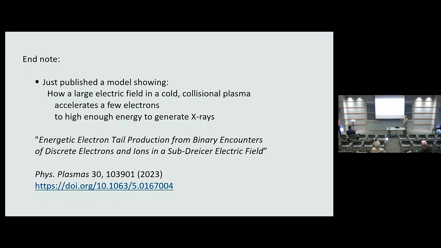And yet it's somehow managing to accelerate some electrons to 6 kilovolts without colliding. It seems that electrons should get scattered in 1 micron and never get accelerated to anything, but there are some electrons that are getting accelerated so that they managed to get to 6 kilovolts. And this paper that I have here explains how that could happen.